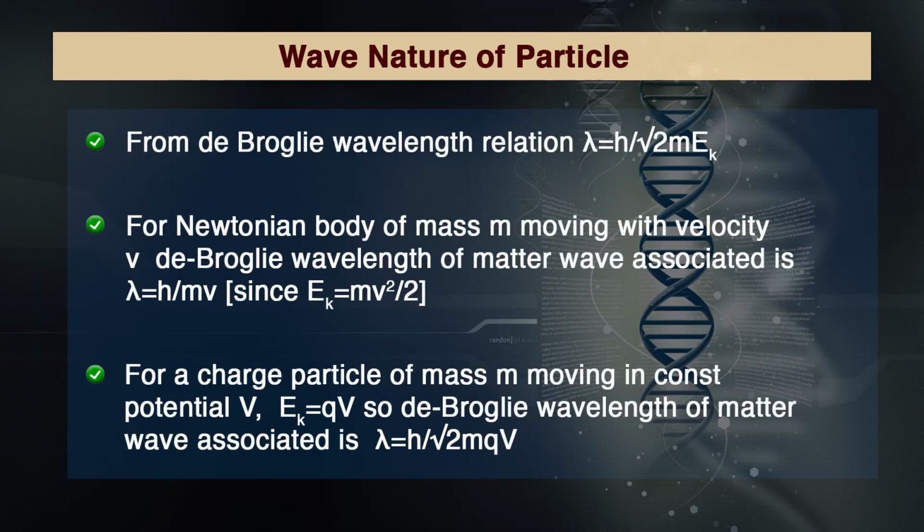If we have different types of material depending on its state, for example bulk mechanical body, charged particles or gas molecules, depending on this type we will have a different formula for the de Broglie wavelength, the wavelength of matter wave, as lambda equal to h upon root of 2 m q v. This is for a charged particle moving in a particular constant potential difference v.